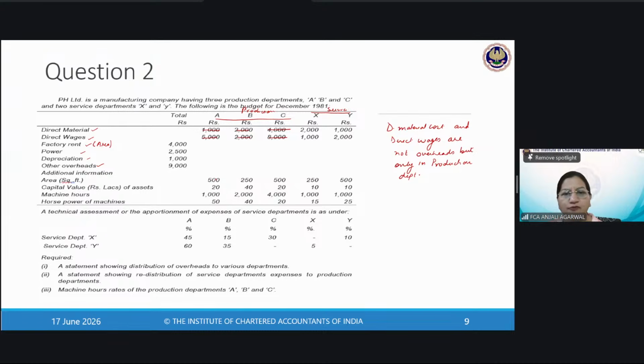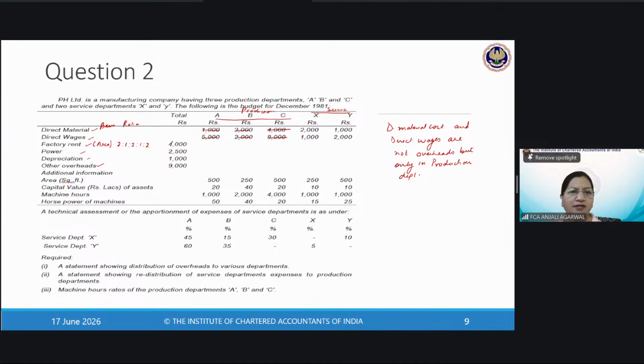What is the ratio? It's 500, 250, 500, 250, 500. So the basis is area, and the ratio is 2 is to 1 is to 2 is to 1 is to 2. So in this ratio, you will distribute the 4,000.